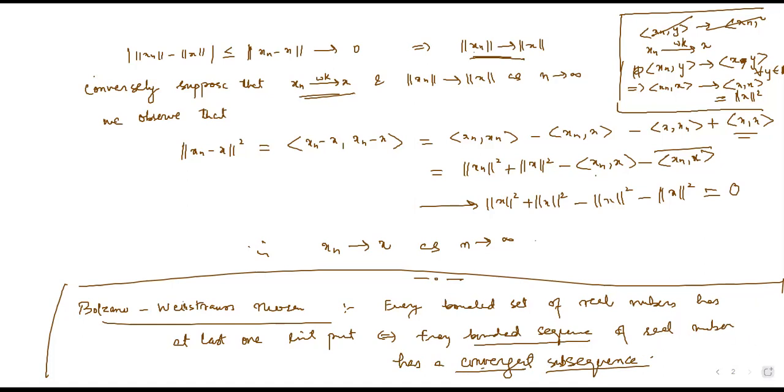But this is not true in general for a Hilbert space or an inner product space. For example, in L2, take the sequence e1, e2, and so on, where en is the sequence 0, 0, ..., 0, 1, 0, ..., with 1 in the nth place. The norm of en in L2 is always 1, so it is a bounded sequence.